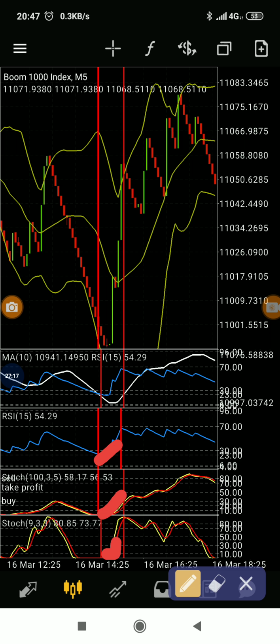That means the sell you make in 1 minute, this buy in 5 minutes will take the profit. Because the moment the RSI is facing up in 5 minutes, it is going to buy. In as much as 1 minute is telling you sell, you have to look at 5 minutes if you want to buy Boom.